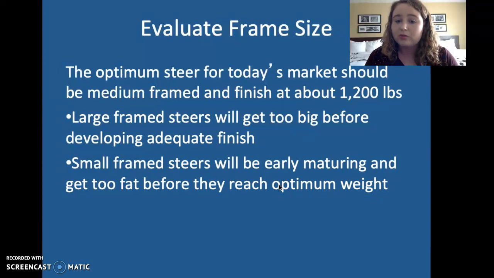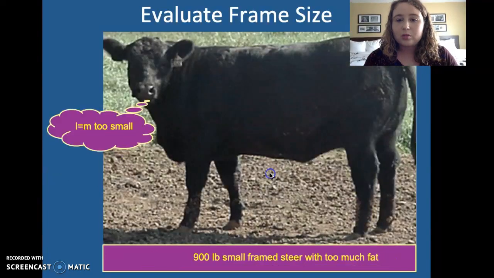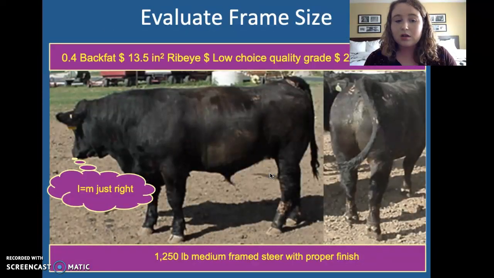So you just kind of want a medium frame steer. So here's an example of a large frame steer weighing 1,400 pounds. Here's one of a too small steer weighing 900 pounds with way too much fat on them. And then here's one that's 1,250, which is just about right.